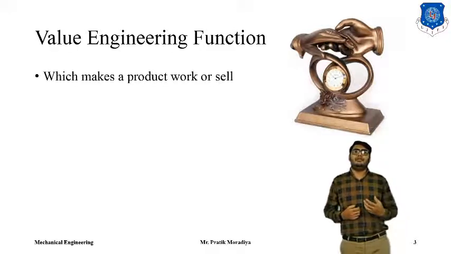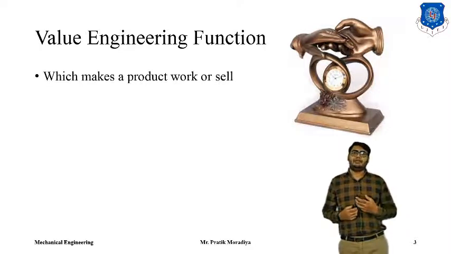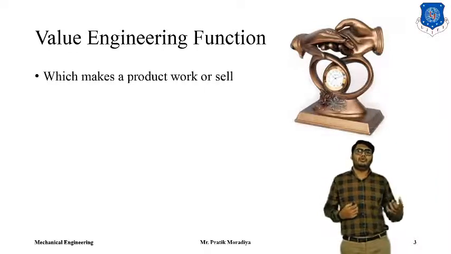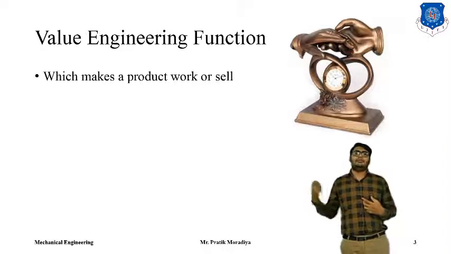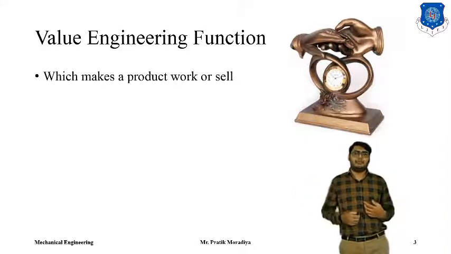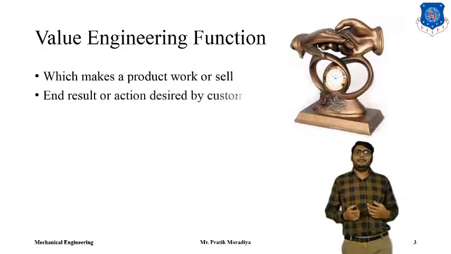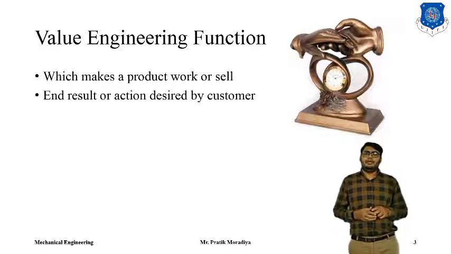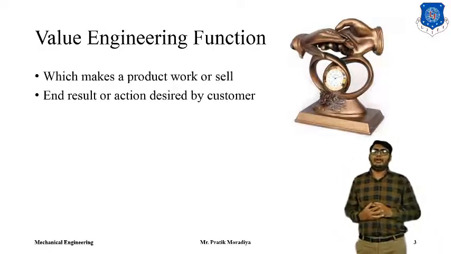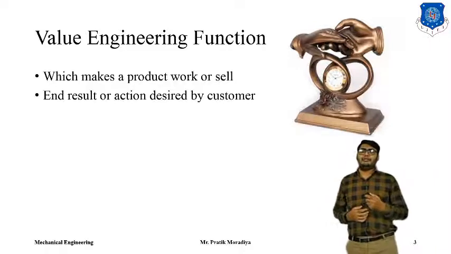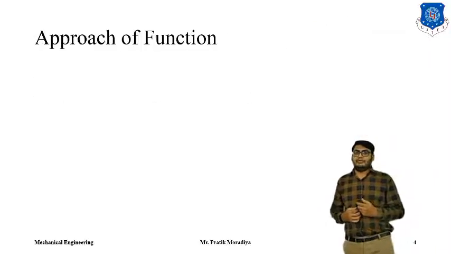So this is the function of this product. What is the function of this product? Its function is to look good, to attract people, and at the same time to tell them the correct time. Then the functions are the end results that are desired by the customers.